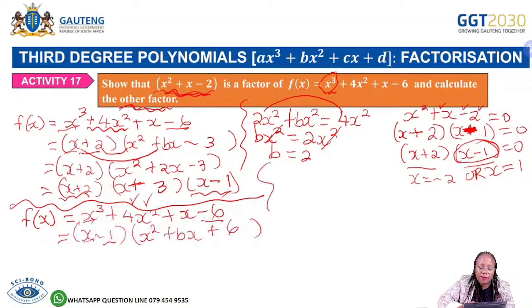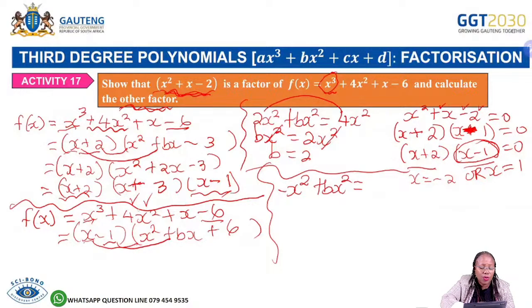And then now let's find the b value for this one. It will be minus x squared plus bx squared equal to the x squared in your function, that is 4x squared. And then now the bx squared is equal to 4x squared.